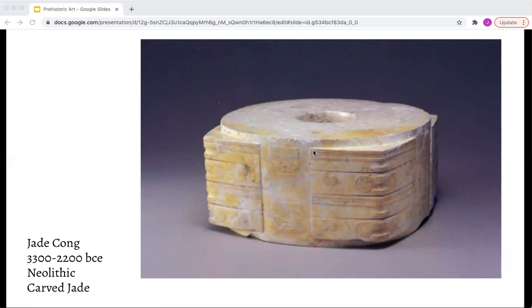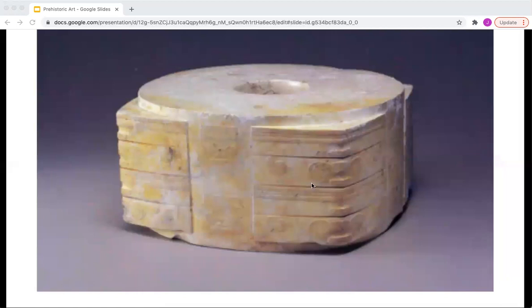A Cong is a square hollow tube that was decorated with lines and sometimes circles that represent faces. And you can see really faintly on the edge here, maybe here a little bit clearer, some of those faces. You have eyes on either side, this line for sort of a mouth. But this is sort of the tube cylinder shape.